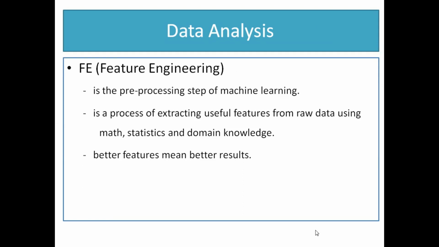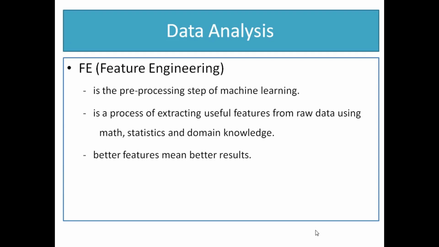Now, what is data analysis? In data analysis, the two terms which are mostly important are feature engineering and exploratory data analysis, that means EDA. Feature engineering is the pre-processing step of machine learning.